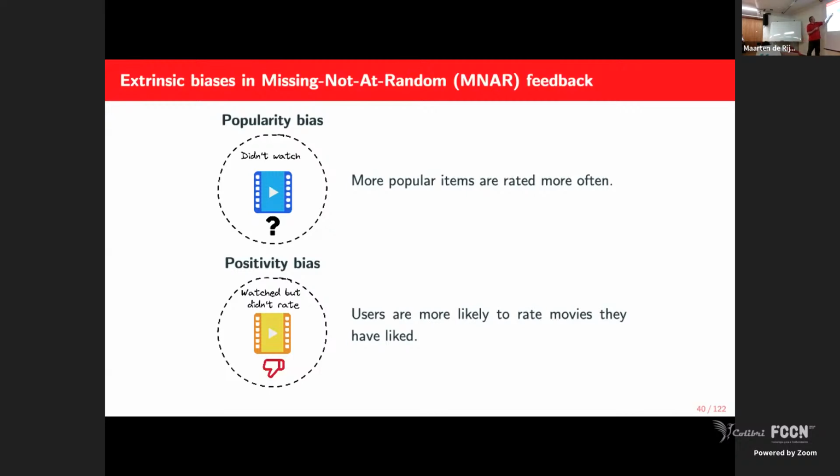There's a popularity bias, so more popular items are rated more often because people are exposed to them more often. There's position bias. If something is shown high in a ranked list, people are more likely to click on it, inspect it, because it's in their face.